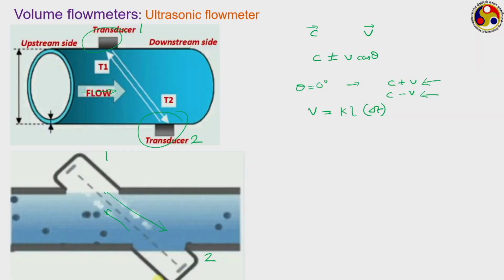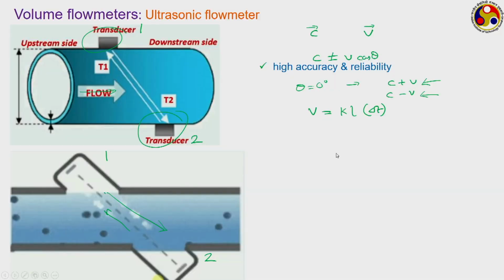And there is another one which is based upon the Doppler shift principle, but that is generally more used for velocity measurement. We shall be talking about that later in today's lecture, because in the Doppler shift principle we get flow velocity, not the flow rate, whereas in this case we are getting the flow rate.